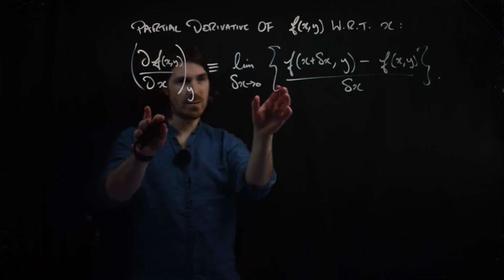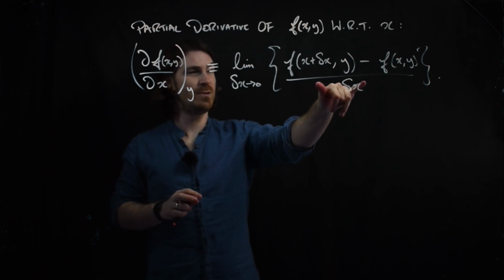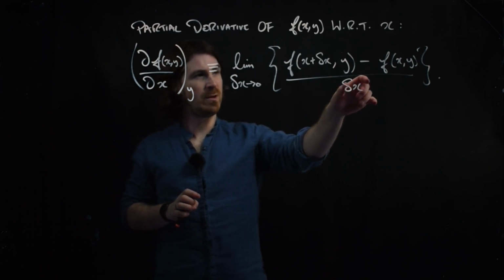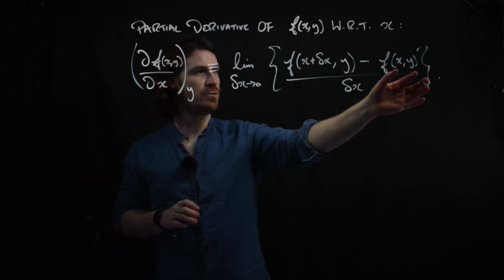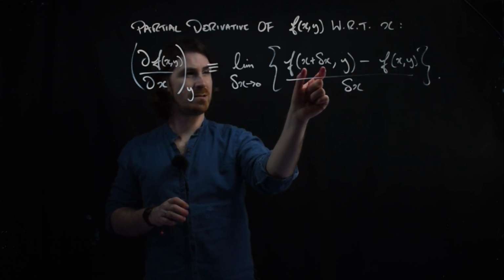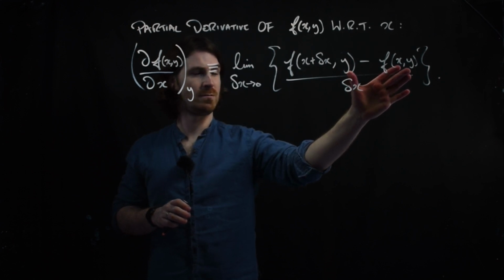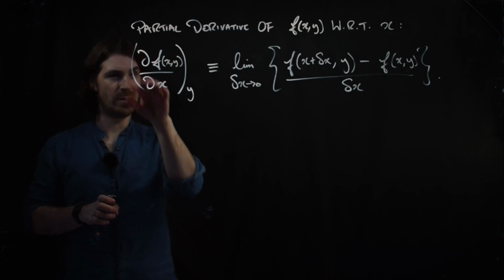So it looks like an ordinary derivative in x, keeping y constant. You have your function of x and y, and you change it a little, but you only change x, so it's x plus delta x. You leave y constant. And this is why I've written this notation.